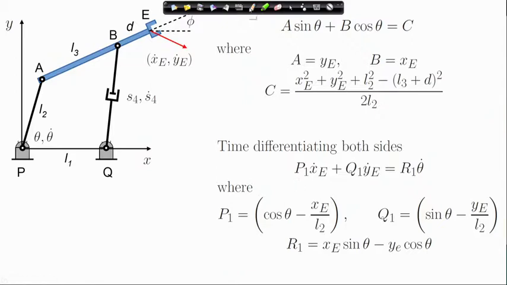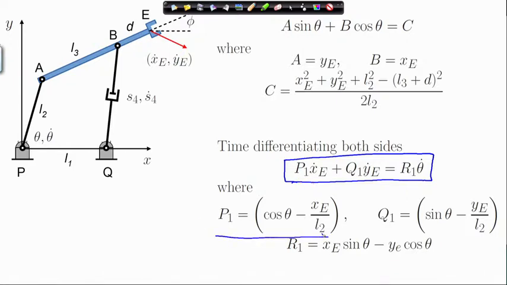So, I obtain a relation like this by collecting terms of xe dot, ye dot and theta dot. So, here P1, Q1 and R1 are these expressions, which you can very easily derive by simplifying the steps that I have shown you.